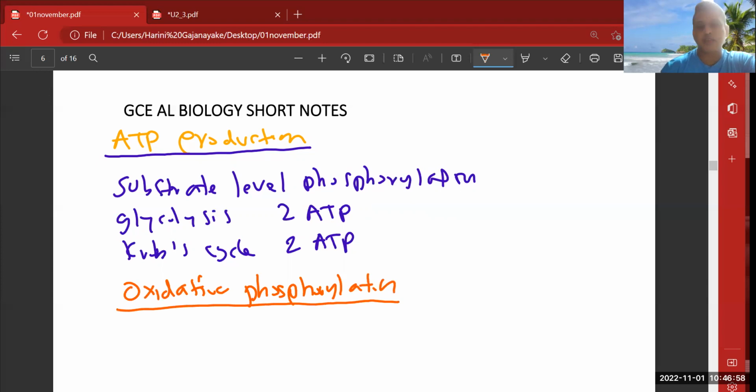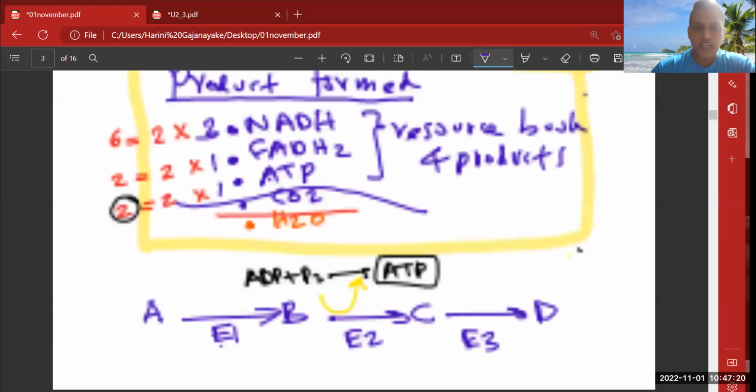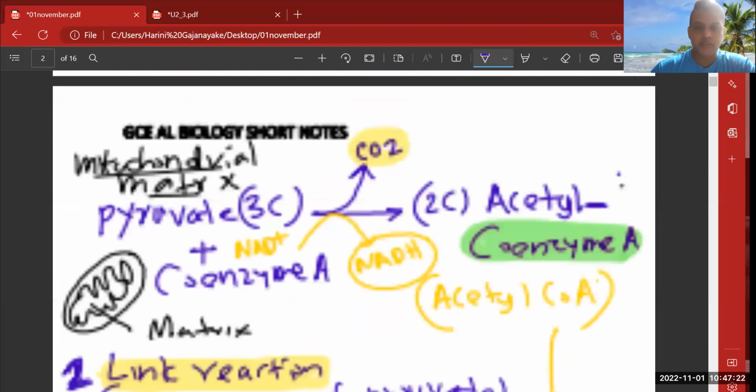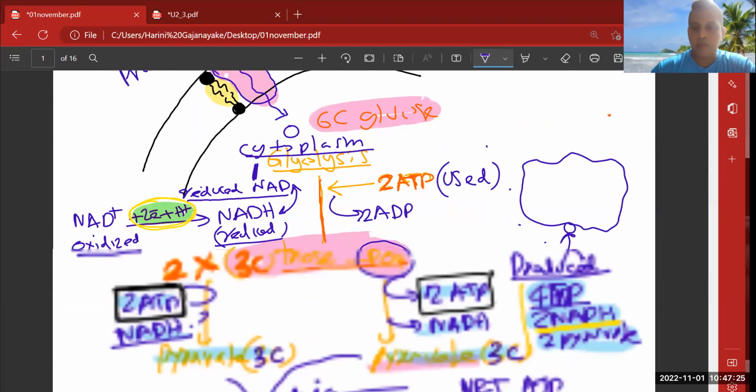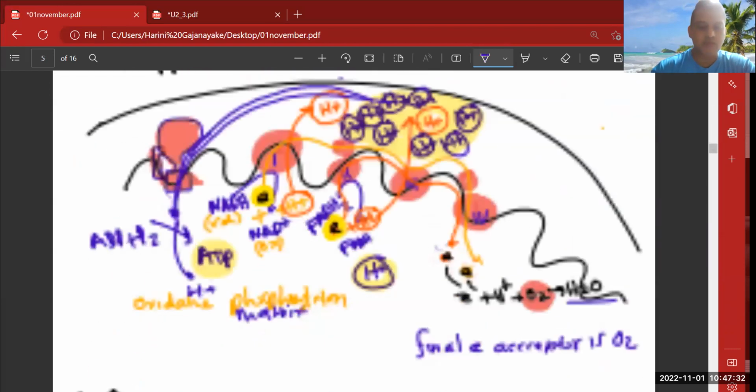That means NADH and FADH make ATP by the electron transport chain, which is called oxidative phosphorylation. So let's see how many come from each place. Glycolysis produces 2 NADH. So I take these 2 NADH here.